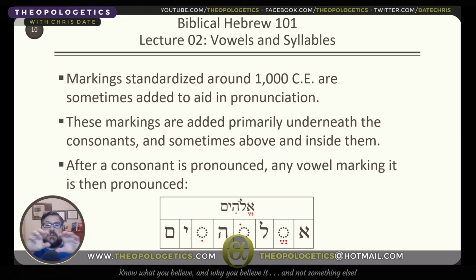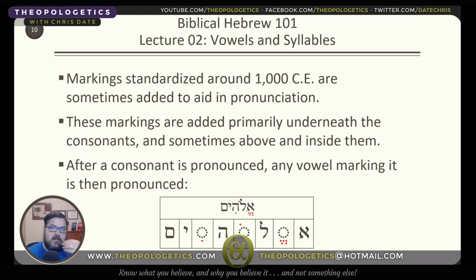And then I've tried to break apart those consonants and their vowels. So to the left of the first consonant, which is Aleph, is a dotted circle representing a letter, a consonant, whatever letter it might be. And in this case, it's Aleph. But under that consonant is this vowel, which you will learn today. Then there's the next consonant, Lamed, and then the next vowel, Holem, and the next consonant, and so forth.